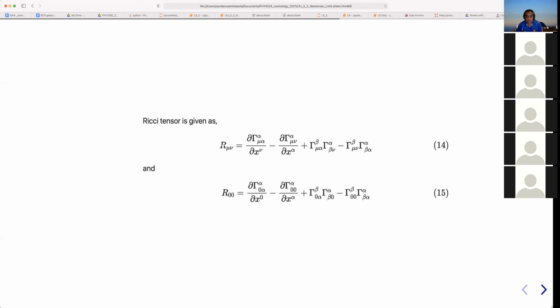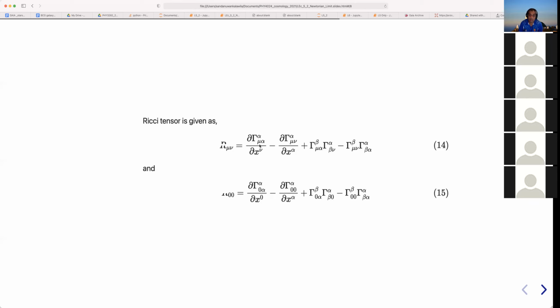What we are interested in here is only the 0, 0 term, where you have zero for both mu and nu. So you can take the same expression, plug in mu equals 0 and nu equals 0, and then rewrite the same expression.